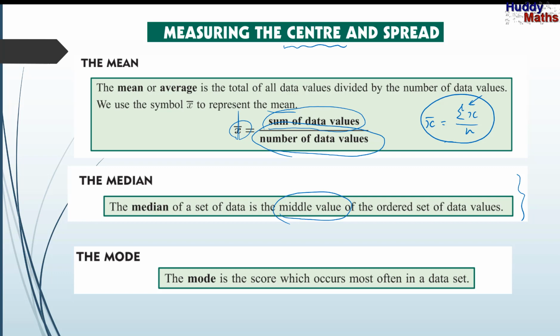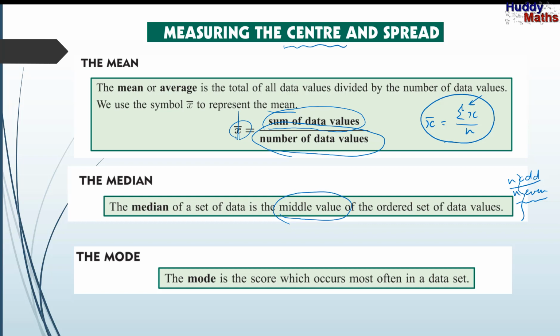Just watch out for is n odd or n even. If n is odd, there'll be one actual data point, which is the middle. There'll be equal numbers above and below it. If n is even, you've got to divide by 2 and take the average of that one and the next one. Okay, we'll practice that.